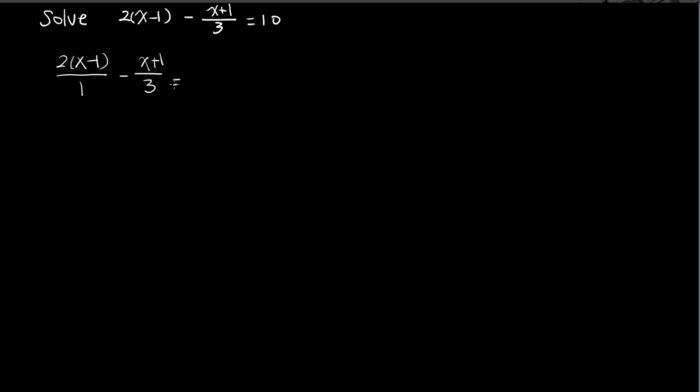There's no change on the right-hand side because I just rewrite 2(x - 1) as 2(x - 1)/1, so the value doesn't change. Then we're going to find a common denominator. The common denominator is always the LCM of 1 and 3, so we can change to this form.